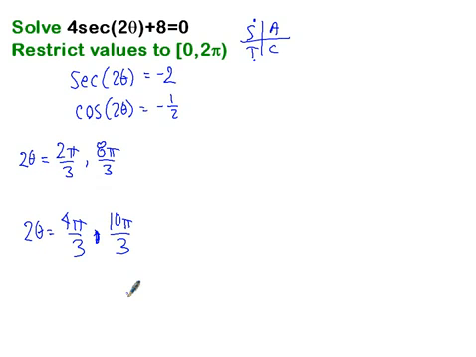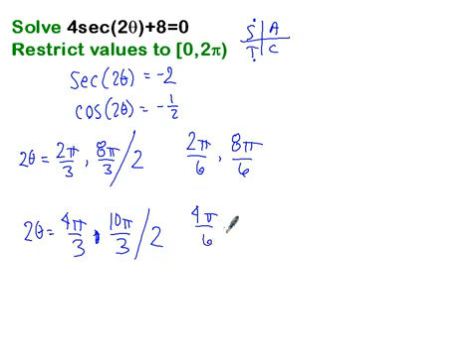And once again, I have 2 times theta, so I'm going to divide everything by 2 on both of these, which is the same thing as multiplying by 1/2. So I'm going to get 2 pi over 6 and 8 pi over 6, and then 4 pi over 6 and 10 pi over 6.